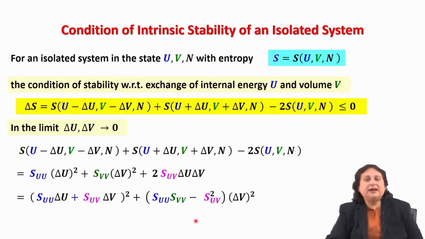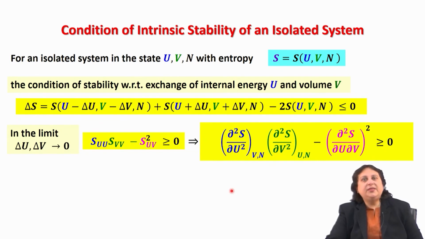And I note that in this case delta V is non-zero and positive, and therefore, this condition in the limit of delta U delta V turns out to be SUU SVV minus S square UV must be greater than or equal to 0.